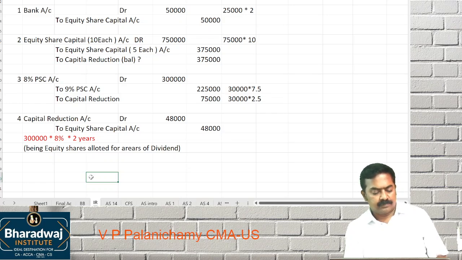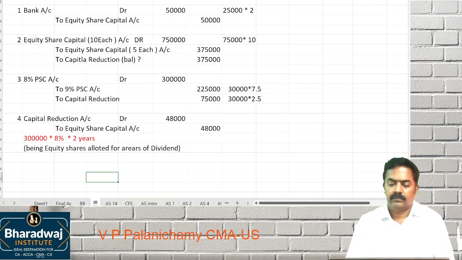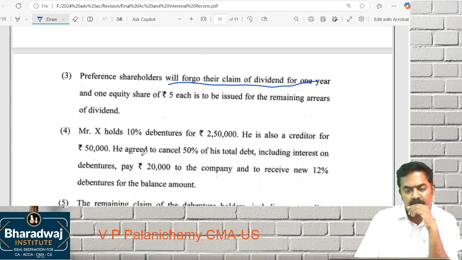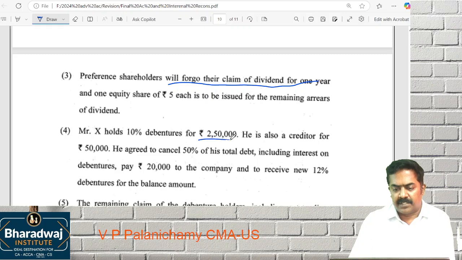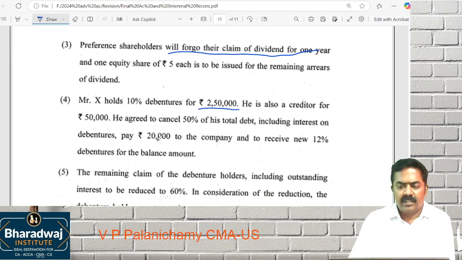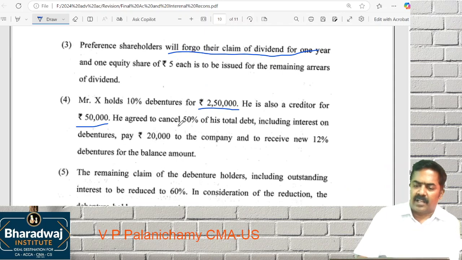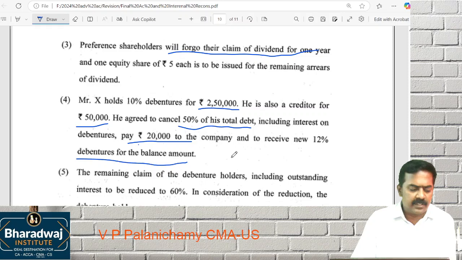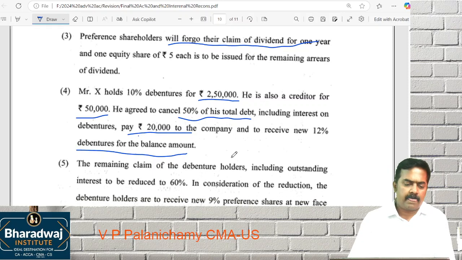What is the next one? Mr. X holds 10% debentures for 2,50,000. He is also a creditor for how much? 50,000. He agrees to cancel 50% of the total debt, including interest, and pay 22,000 to the company and get what? 12% debentures for the balance amount. Read further.